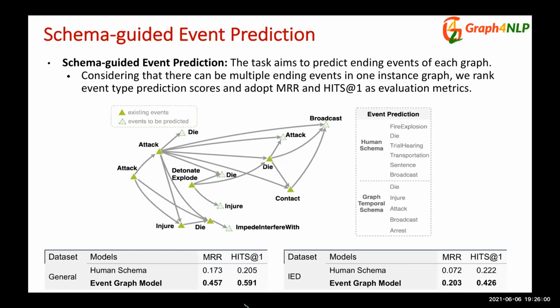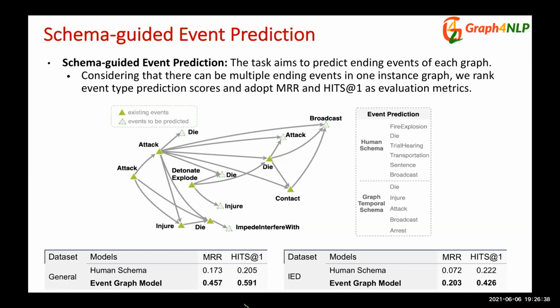So why is this powerful? Because if you compare the results with the prediction based on human written schema, human schema cannot cover all the possible scenarios, and the human schema cannot have a very reliable probability counting because it's not data driven, right? So for example, given this sequence or this graph of events that we already observed from the data, we can see that the human schema mistakenly predicts there's going to be a sentence or child hearing event, just because usually you see this kind of events after attack.